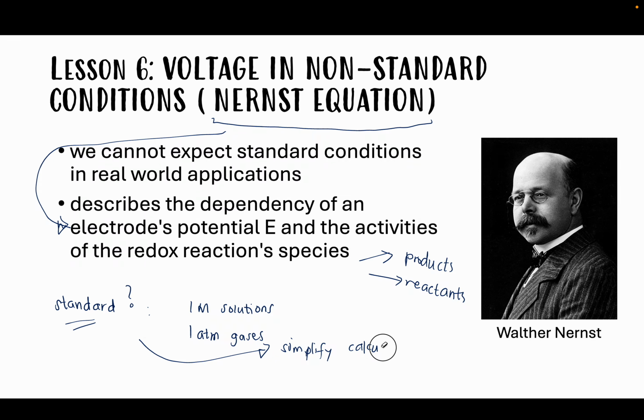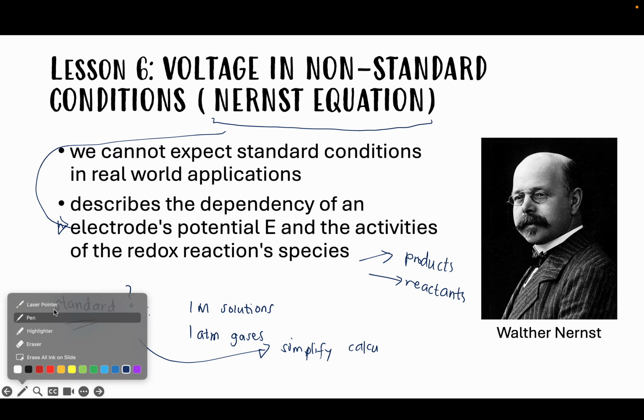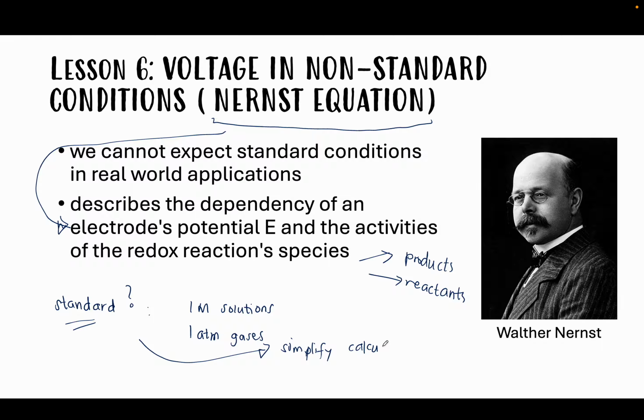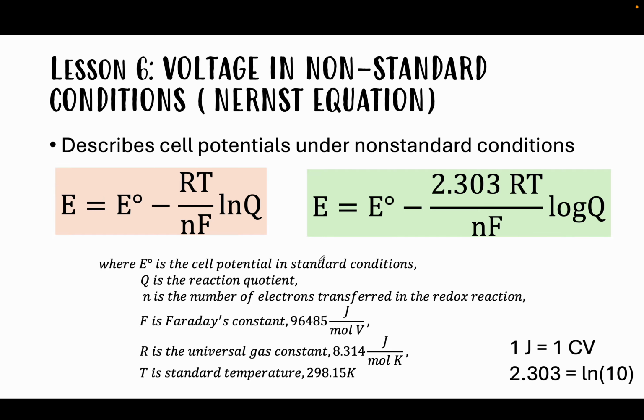That's why, even though in real life there is no such thing as standard conditions always, we can have a basis. So that simplifies our calculations. Okay, so the Nernst equation proponent is Walther Nernst. So this guy here describes the dependency of electrode's potential E. Alright, this is how your Nernst equation looks like.